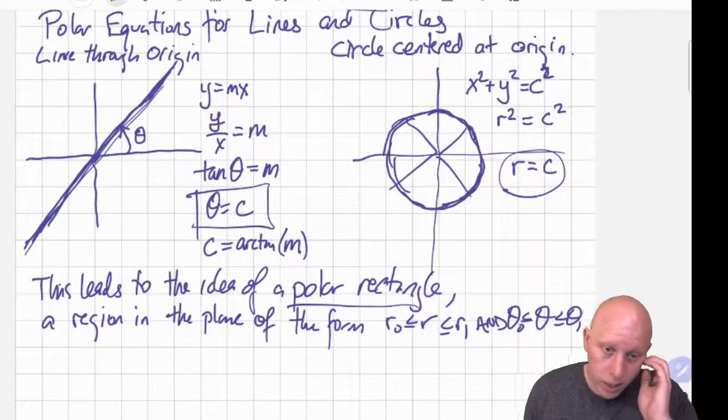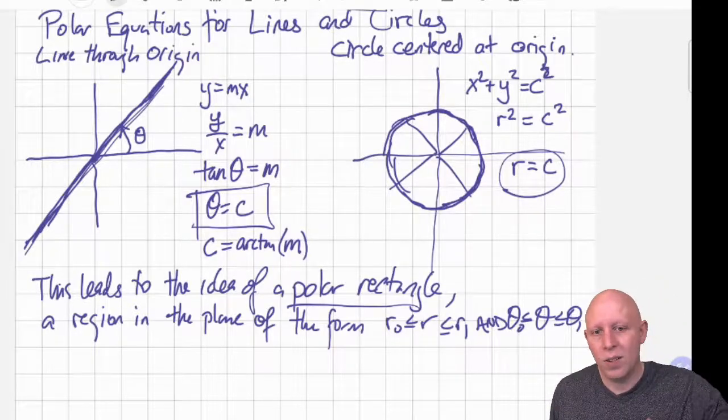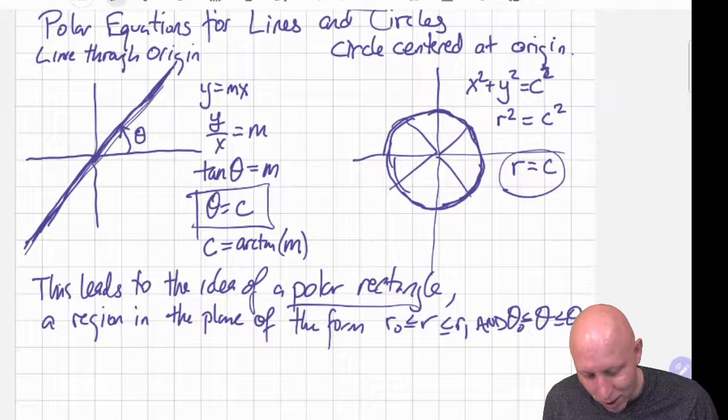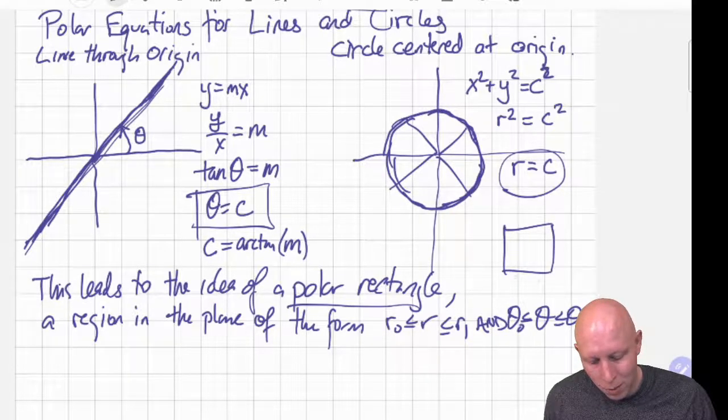So what we're saying is that we like regular Cartesian rectangles because this is x is between a and b, and y is between c and d.